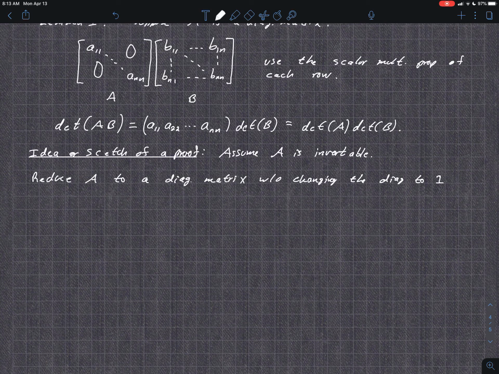We're not going to scale it. So A, we're going to reduce to the diagonal matrix D, where D is a diagonal matrix.